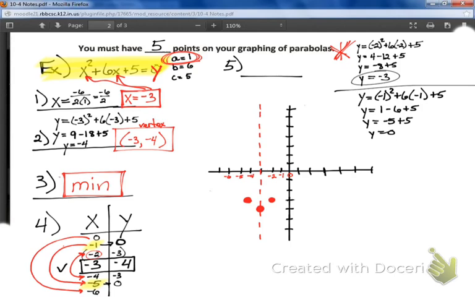So I graph those now: negative 1, 0 and negative 5, 0. Now I technically have the 5 points that I need. But the reason I did one more point is I wanted to show you how easy it is if you can use 0 for your x, like we're getting ready to do right here. If I can use 0 for x, that makes the work step up here really easy.